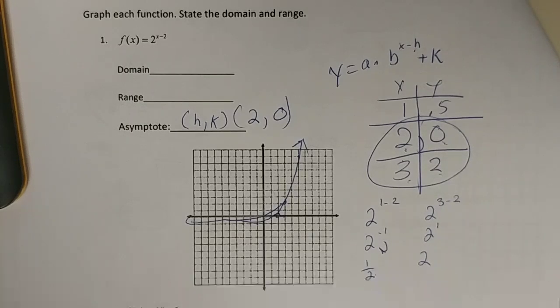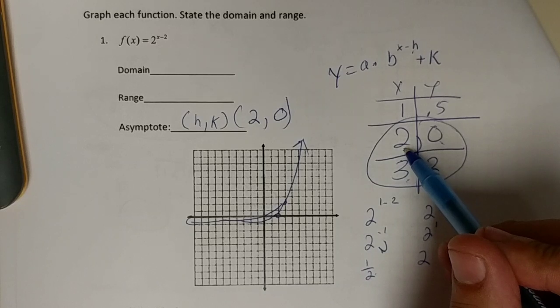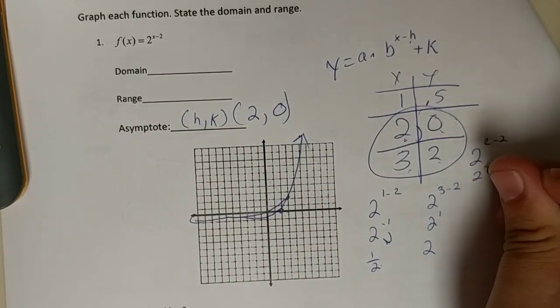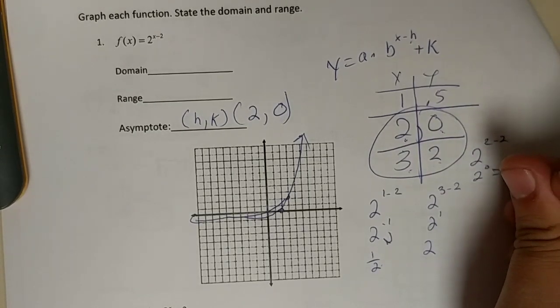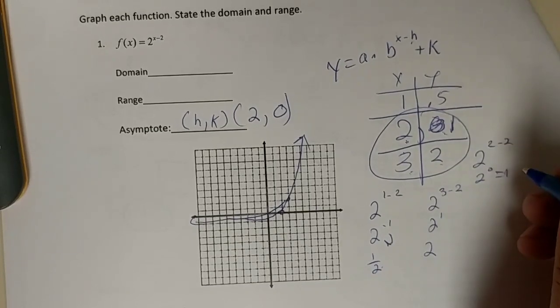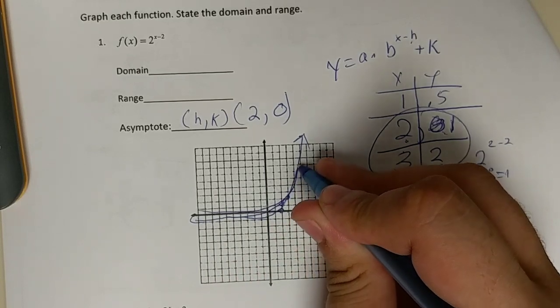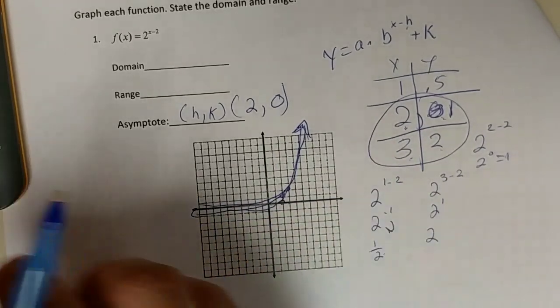Did I do it right? Where am I making a mistake? Oh, I made a slight mistake. When you plug in 2 into the equation, 2 to the 2 minus 2 will be 2 to the 0 power. Now what's anything to the 0 power? 1. So this point should be 1. That's why my graph is a little higher up, not underneath it.